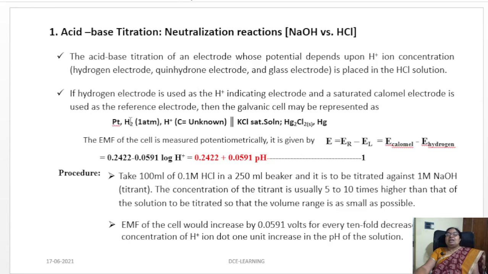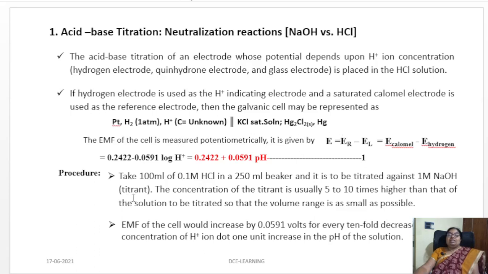If a hydrogen electrode is your indicator electrode, connected to a calomel reference electrode, then the galvanic cell is represented by these equations, as you already knew from the previous session. The EMF of the cell is measured potentiometrically by using the Nernst relationship; substituting the standard values, you get E equals 0.2422 plus 0.059 pH, which is the EMF of that cell.